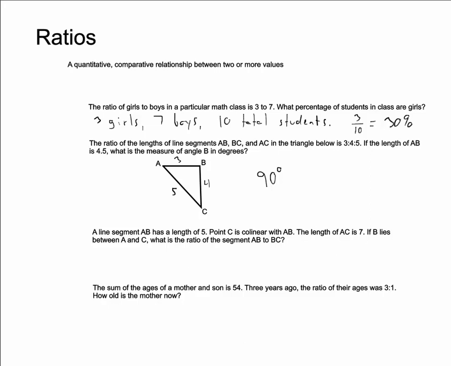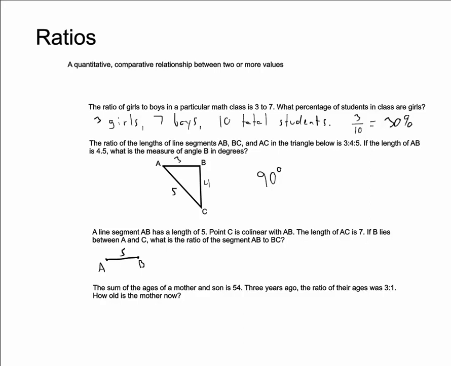Here is another geometry problem. A line segment AB has a length of 5. Point C is collinear with AB. The length of AC is 7. If B lies between A and C, what is the ratio of the segment AB to BC? So let's draw this. We have AB, and we know that is 5.